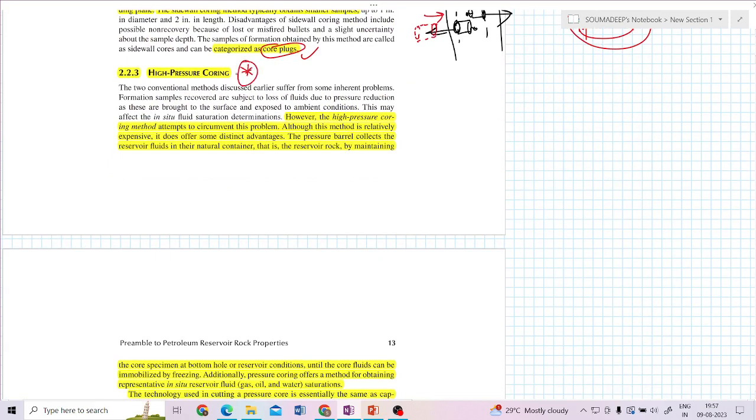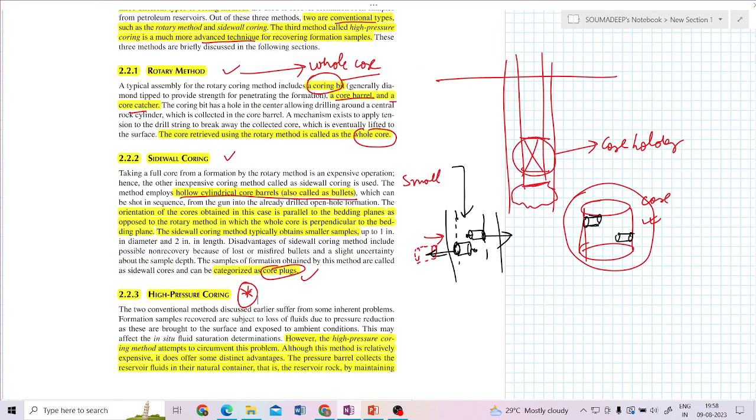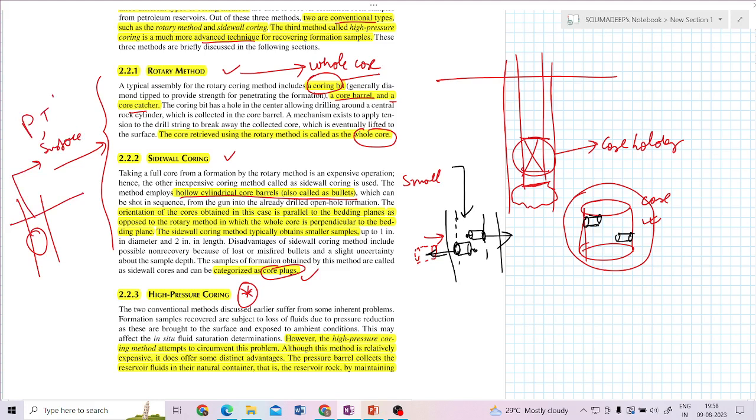It is known as high pressure coring. Now, what actually happens is that in sidewall coring and the rotary method, both methods are subject to loss of fluids as cores are brought to the surface. As we bring the core from the downhole environment to the surface, the pressure and temperature will change.